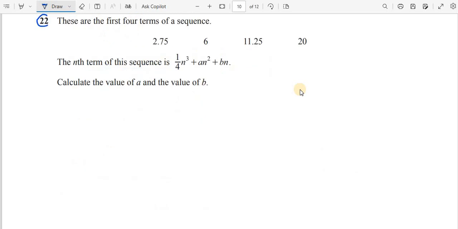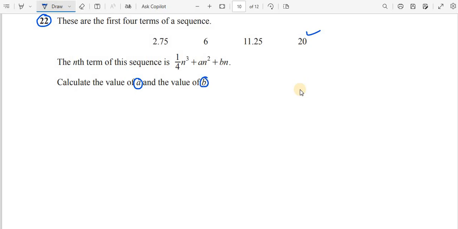Question number 22. These are the first 4 terms of a sequence. The nth term of the sequence is 1 over 4 n cube plus a n square plus bn. Find the value of a and b.